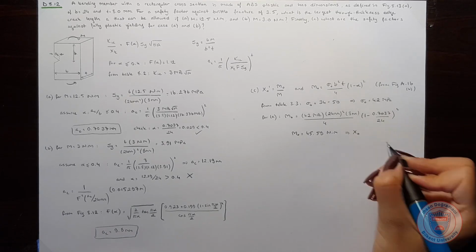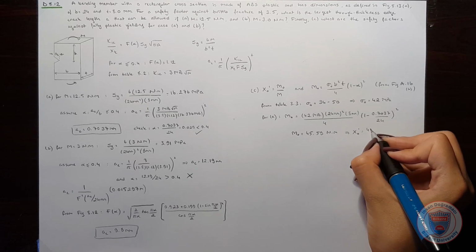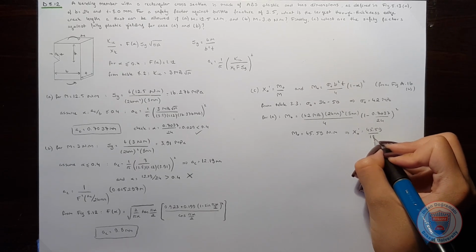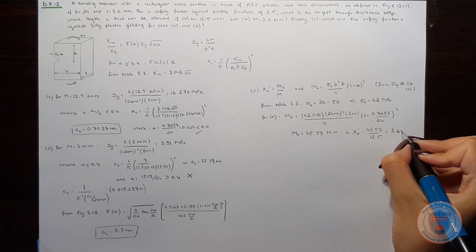Thus, our safety factor will be 45.59 over 12.5, which is 3.65.